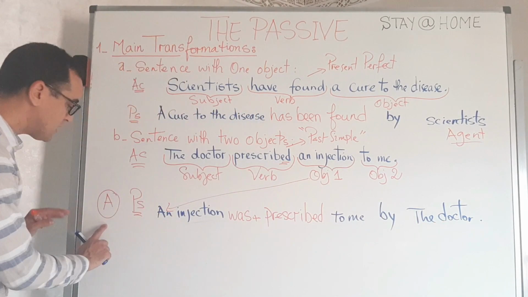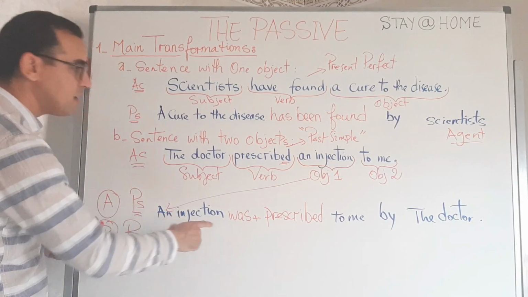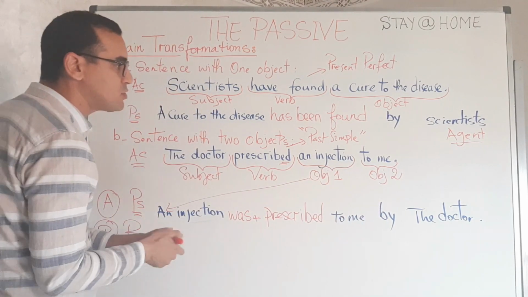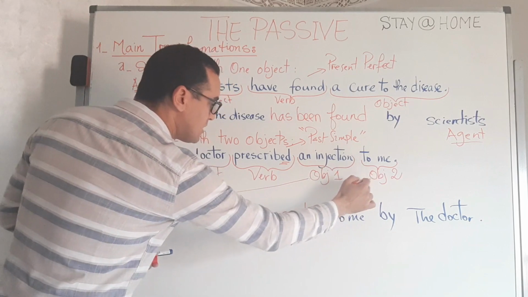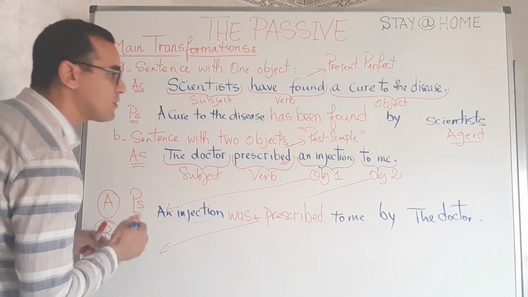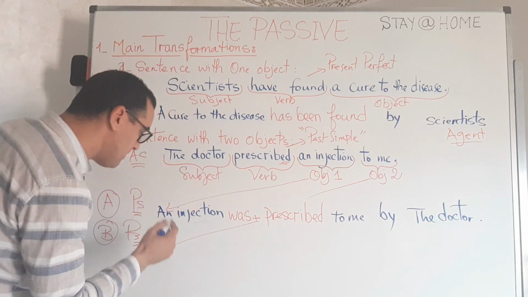This is transformation A. Let's have a look at transformation B. We're going to start now with object number 2 and not object number 1. We switch the position of this object and bring it to the initial position. So it becomes: to me, it means I am talking about myself.